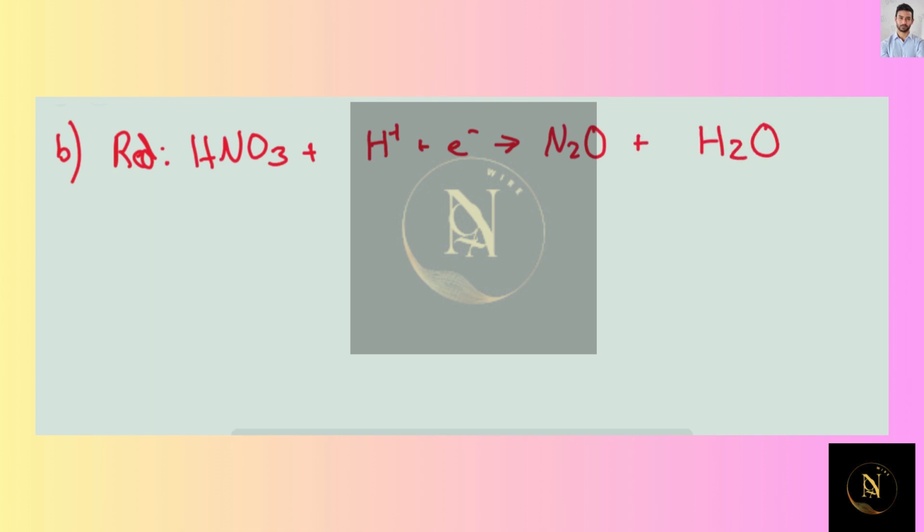If we're not sure about the oxidation numbers, we can see that this nitrogen here is losing a lot of oxygen. So it makes sense that it's reduced as opposed to oxidized. So now we can balance this equation. The nitrogen on the left will have an oxidation number we can figure out.